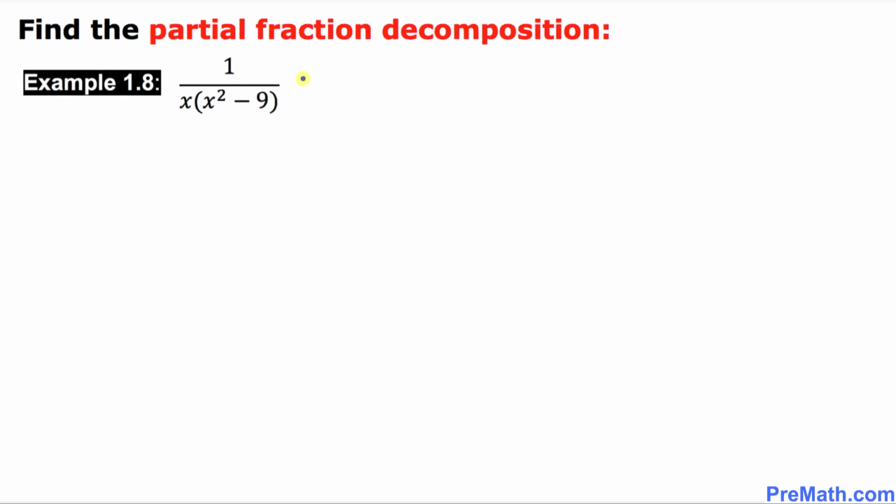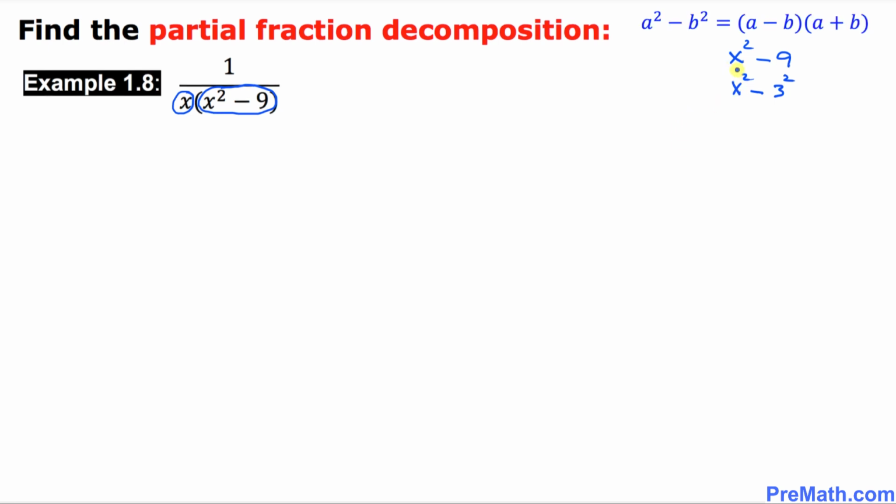And here is our next example. We are again going to focus on the denominator. Here you can see that x is our linear factor, but this x squared minus 9 is not linear. So let me write down x squared minus 9 right up here, which is a quadratic. I can write x squared minus 9 as 3 squared.